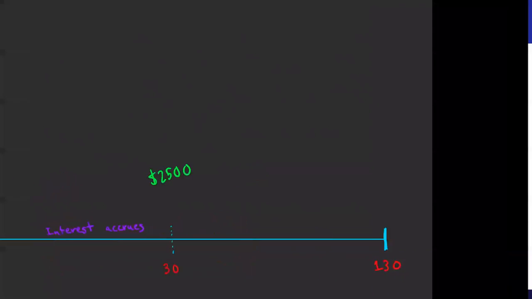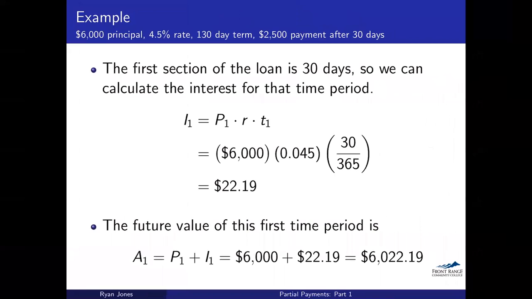So the time is 30 days divided by 365 days in a year. So that's one thing that I'll mention here. This time is in years. And that's important. We always want the units of that time to match the units of our interest rate, which, as we said, were in years.